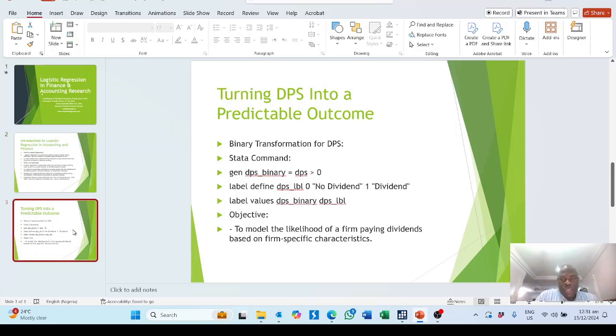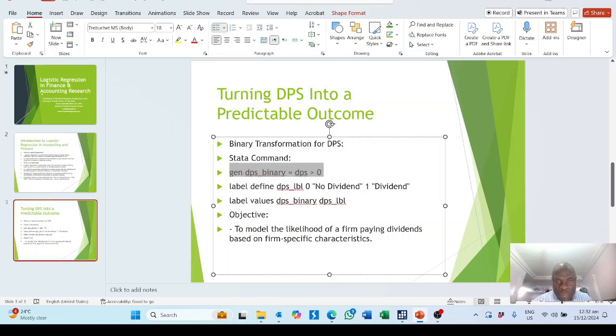So we'll be moving into the Stata environment shortly, and we'll be looking at the likelihood of dividend payment. Like we said, we want to know the decision to pay or not to pay dividend. So the dividend payout will be dichotomized. We will carry out a binary transformation such that firms that are paying dividends will be assigned the value of 1, and firms that are not paying dividends will be assigned the value of 0.